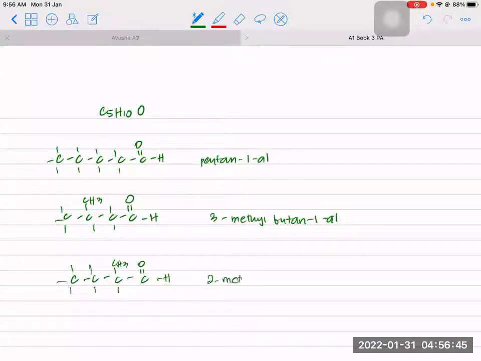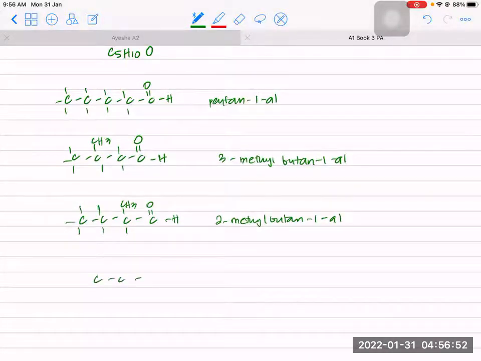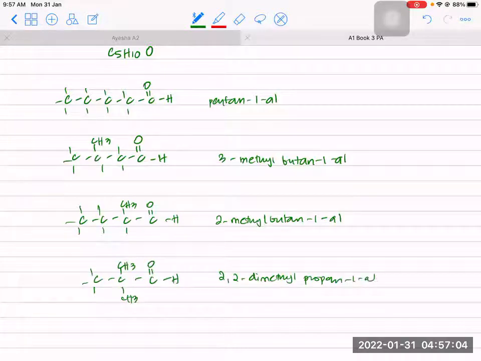So you have a 2-methylbutanal. Yes. Then you further shorten the chain and you make what? 2,2-dimethylpropanal. Yes. Any other possible aldehydes? No.